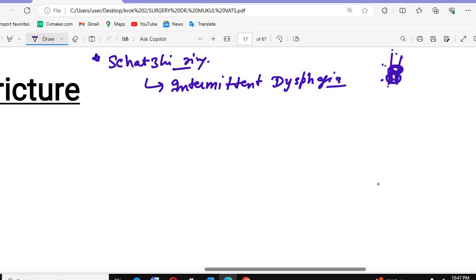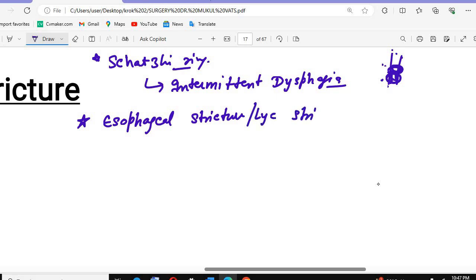There is another similar condition, that we call the lye stricture or esophageal stricture, or corrosive esophagitis.